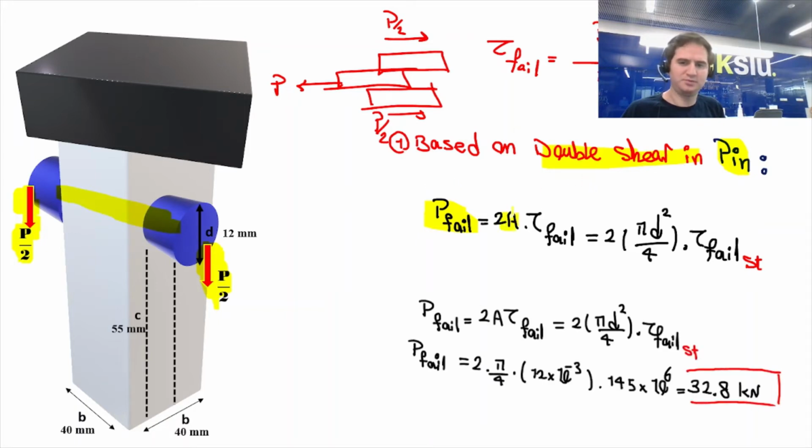So P failure based on double shear in our pin is 2 times area times tau failure, which is 2 times pi d squared over 4 times tau failure of the steel pin.